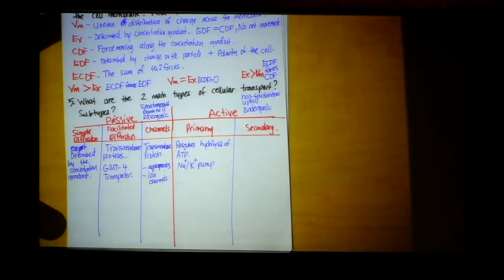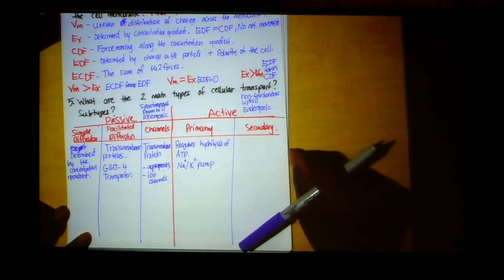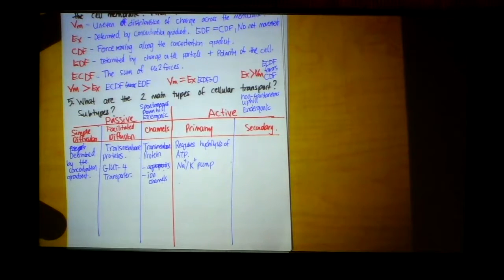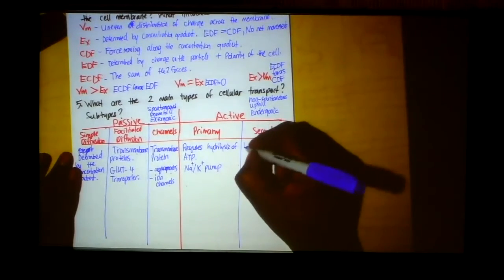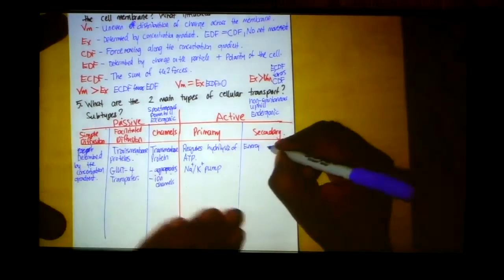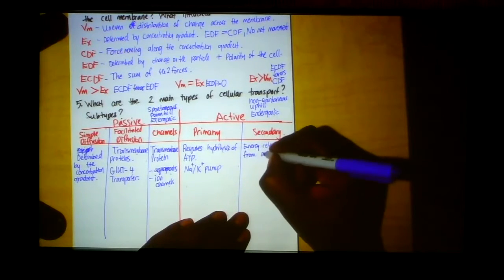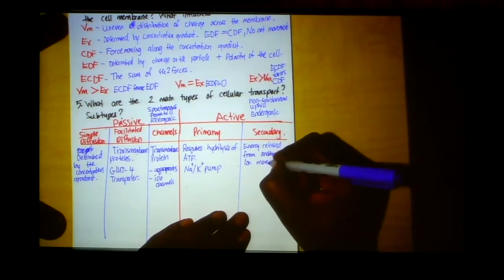And what was the feature of secondary active transport? Perfect, right? So the energy was released from another ion movement.